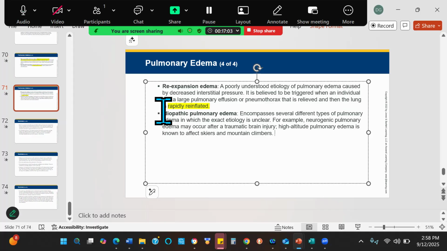That's called idiopathic. When Dr. Vega mentioned that word, idiopathic, my professor said we're idiots about it. It's idiopathic because we don't know why it happens. High altitude is one thing that sometimes does this.